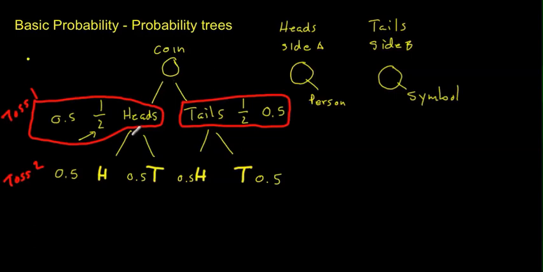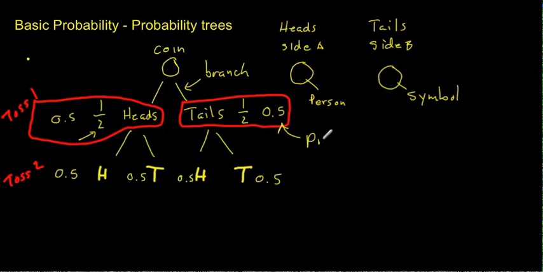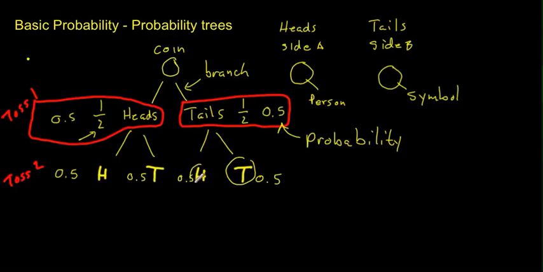These arms here on our tree are referred to as branches. This is referred to as the probability. And these here are referred to as the outcome.